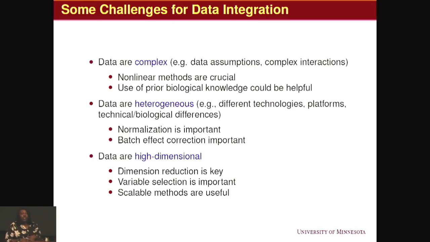How do we reduce these high dimensional data to a form that is interpretable without losing a lot of information? Variable selection becomes relevant. If you have a lot of variables, then the assumption is that not all the variables are important in driving the disease and the variation we are seeing in the disease. So variable selection is important and scalable methods are useful.